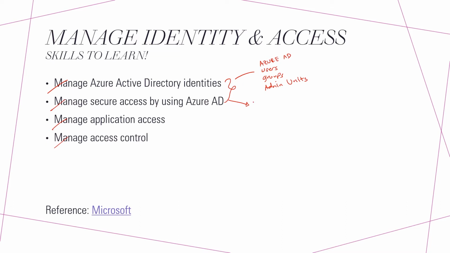So that could be, if you've heard of it, MFA, multi-factor authentication. There's also self-service password reset or management. So those are some topics that we will be discussing under securing access by using Azure AD. Okay, so at this moment, let's focus on those two. Now let's move on to our whiteboard.